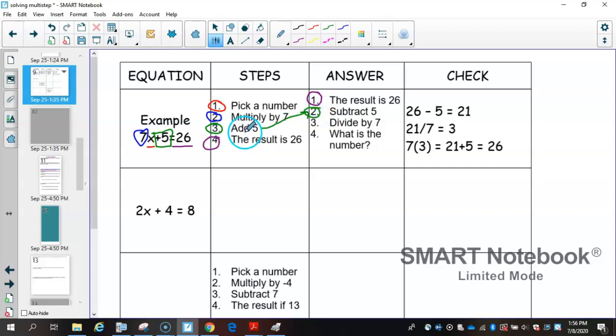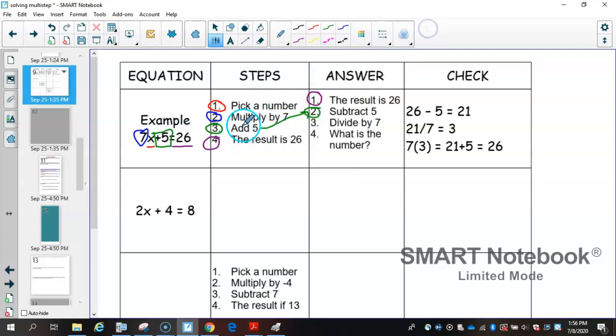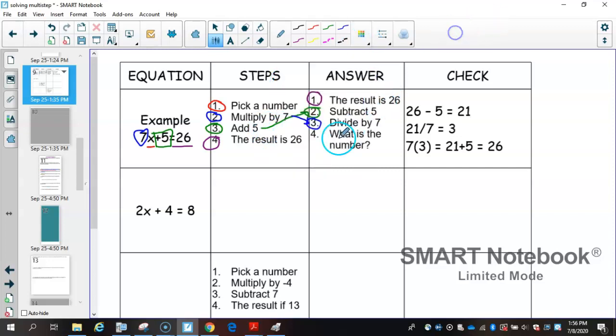So instead of adding 5, you are now subtracting 5. Same thing for the next step. Instead of multiplying by 7, you are now doing the opposite and dividing by 7. And once you've done all of these in between steps, I'm going to change the color of this. The last step in the answer box is always, what is the number? This is when it's asking, what does the variable equal? What is the solution?